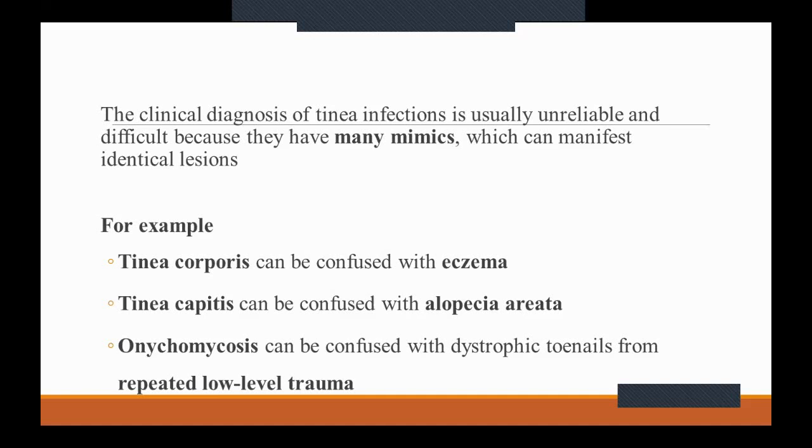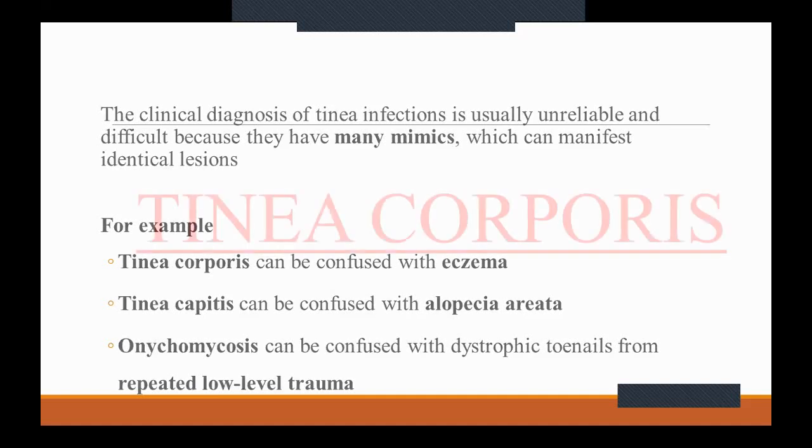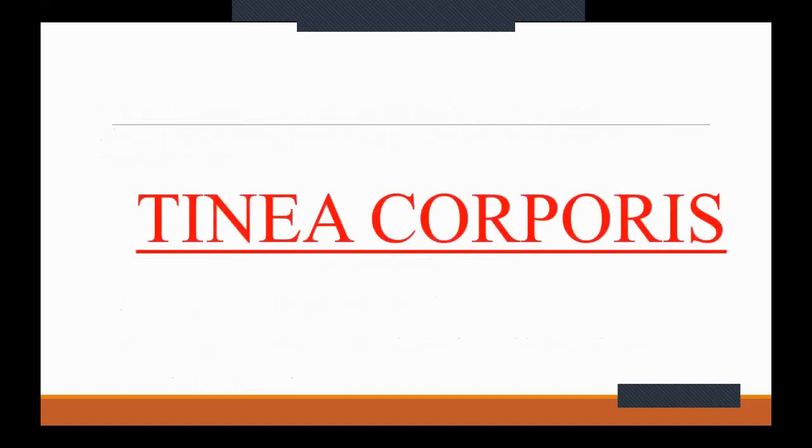Tinea corporis, the fungal infection on the body, can mimic eczema, or Tinea capitis, fungal infection of the scalp, might mimic alopecia areata. Onychomycosis, fungal infection of the nail, can be confused with nail dystrophy due to trauma. So I will discuss the differential diagnosis of each of these conditions one by one, starting with Tinea corporis.